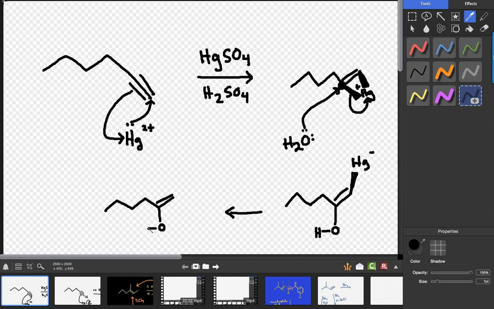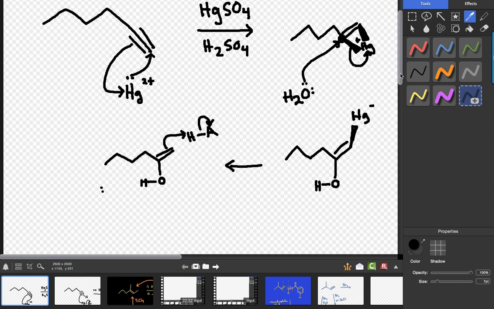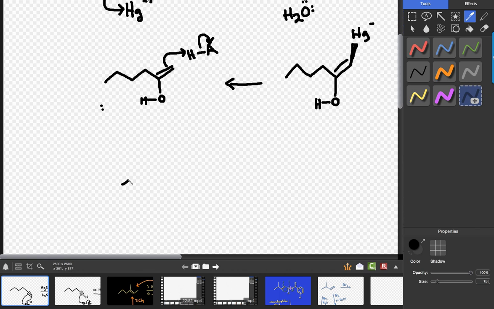This vinyl alcohol will tautomerize. What this means is that I can have it base catalyzed or acid catalyzed. For example, let's look at it being acid catalyzed because we have sulfuric acid. This gets rid of the double bond.